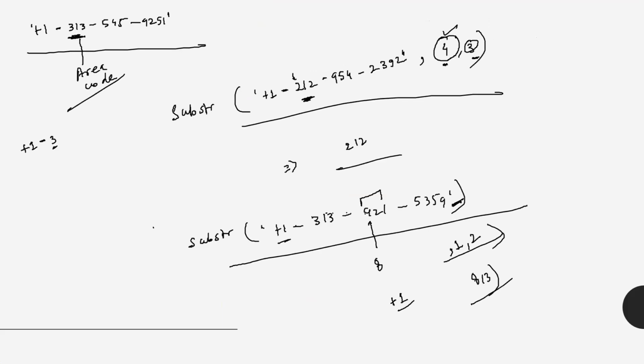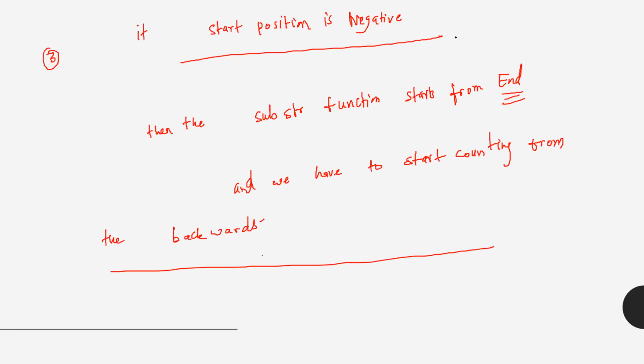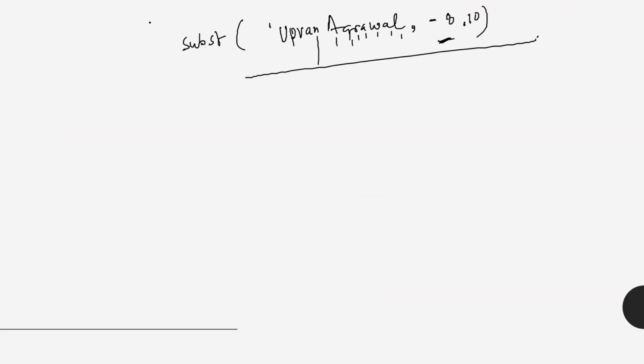Point number 3: if the start position is negative, then the substr function will start from the end, and we have to start counting backwards. So start counting up till 8 from the backwards: 1, 2, 3, 4, 5, 6, 7, 8.